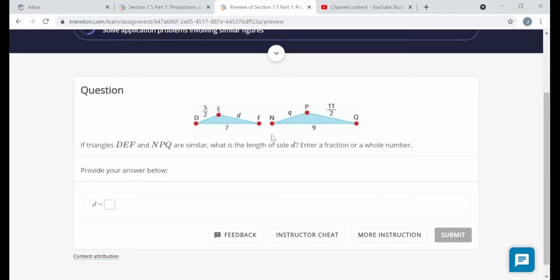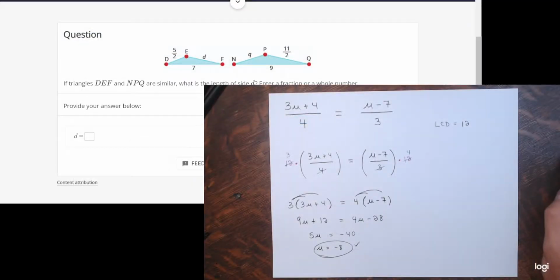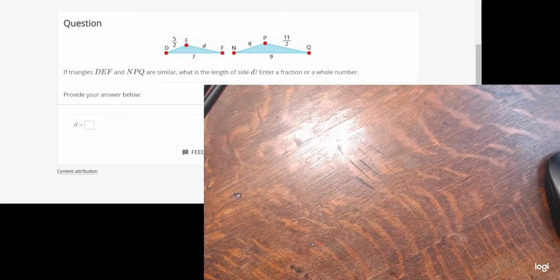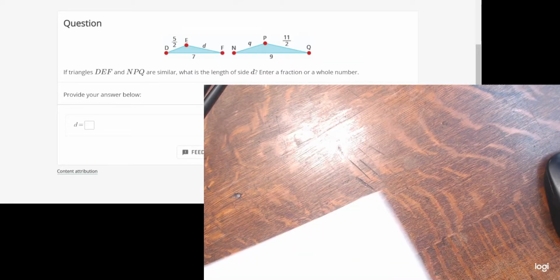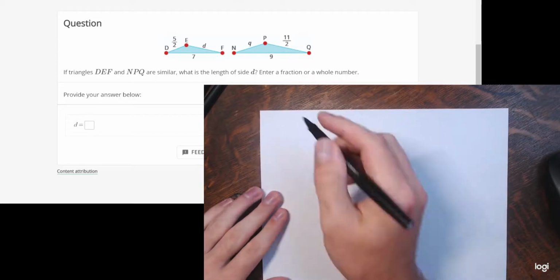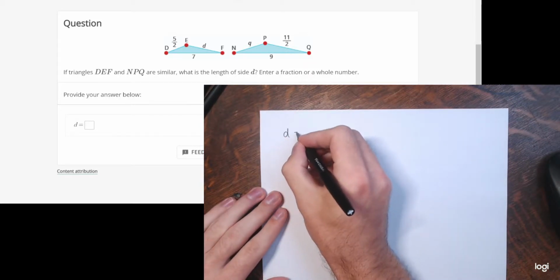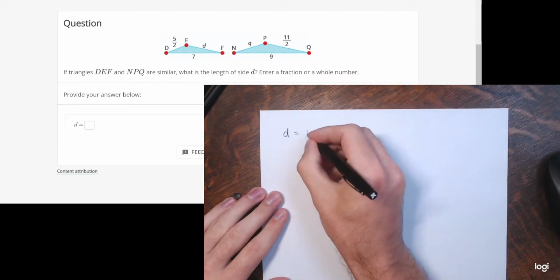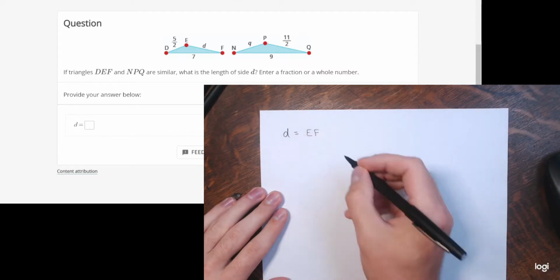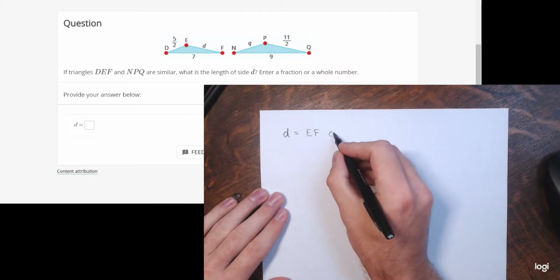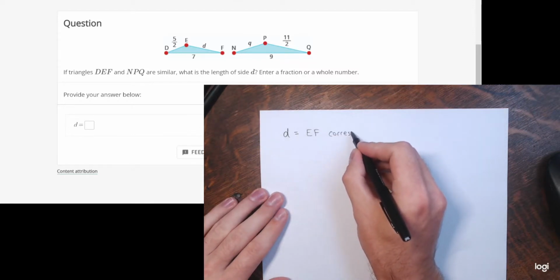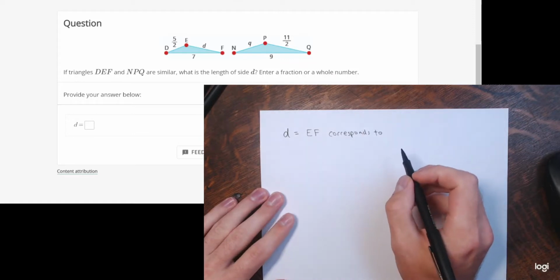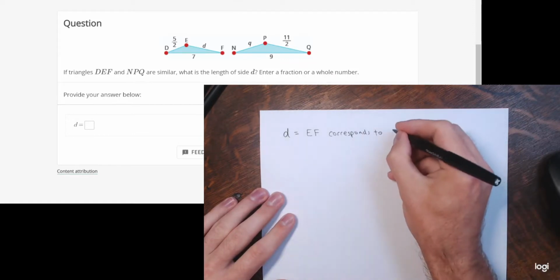So again, I'll pull this up so you can see it here. It's tinier, I apologize, but I'll pull up some new paper. Now little d is side length EF, which corresponds, in the other triangle, to side length PQ.